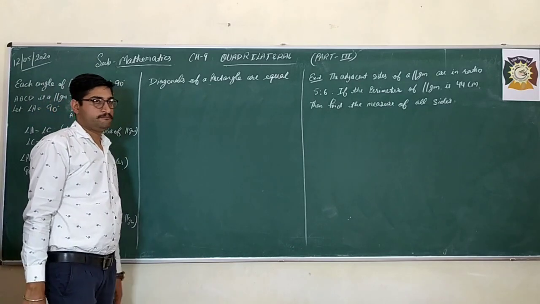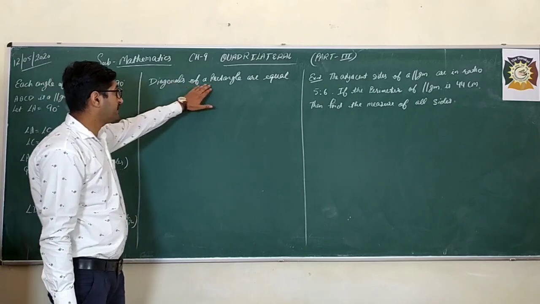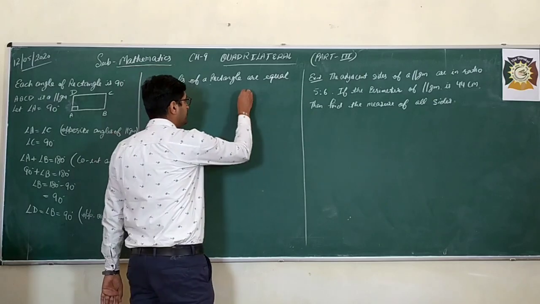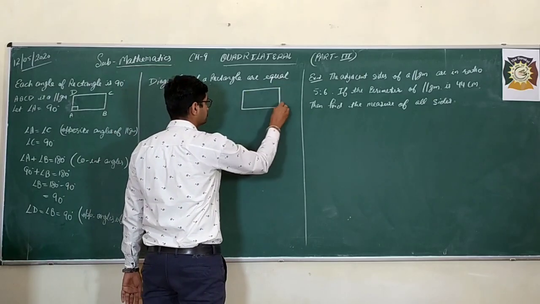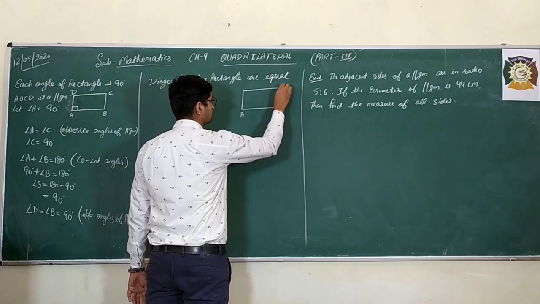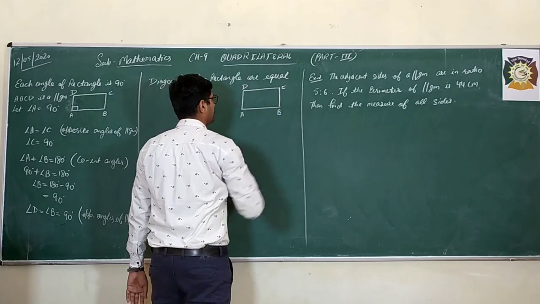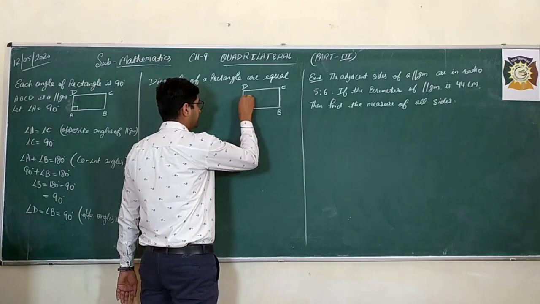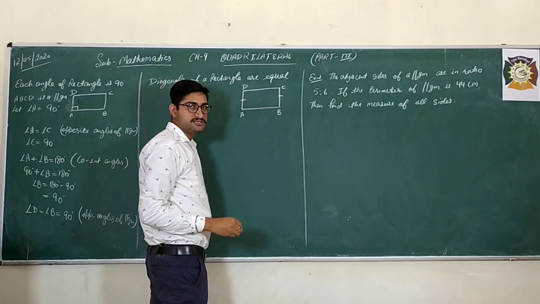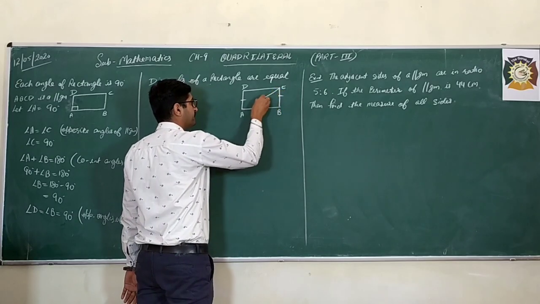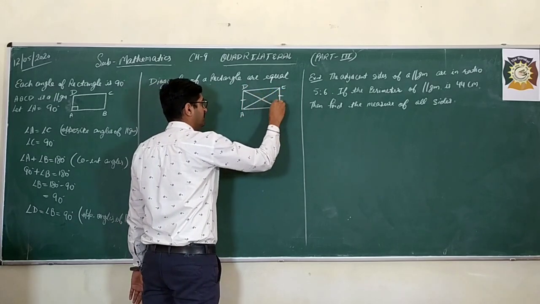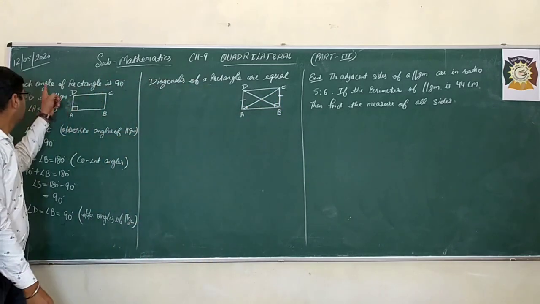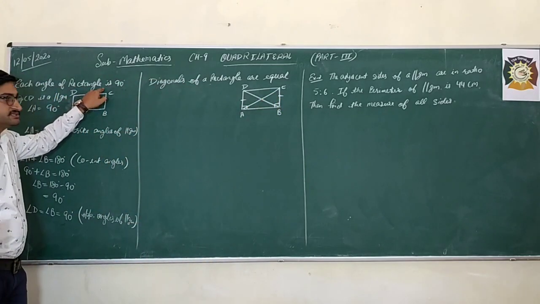Now the second one, that diagonals of a rectangle are equal. Here ABCD is a rectangle, and you know that in a rectangle opposite sides are equal, and each angle is of 90 degree.